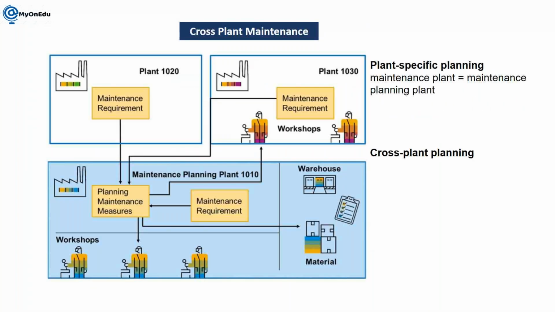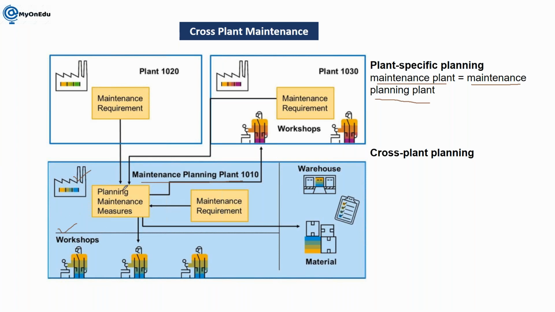Next, to understand the concept of plant-specific planning or cross-plant planning. Plant-specific planning means that in the same plant, your planning plant and your maintenance plant are the same. The maintenance plant, where your equipment is installed, and the maintenance planning plant, which is responsible for planning the maintenance activity, are the same. If you see this example, maintenance planning plant 1010 is the plant where you have the workshop, and your requirement is also from the same plant.